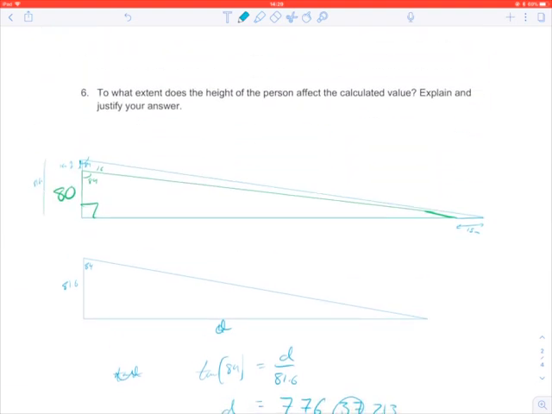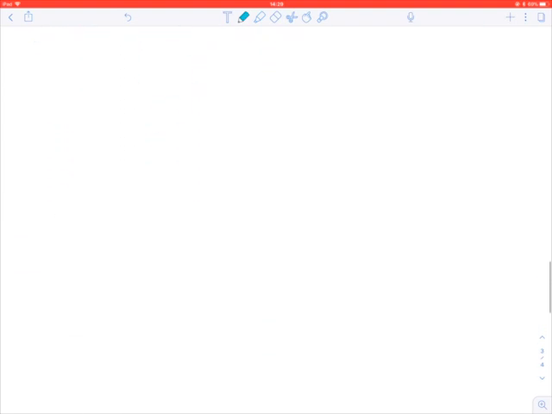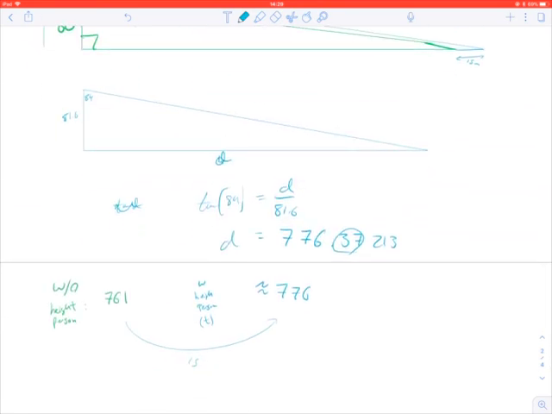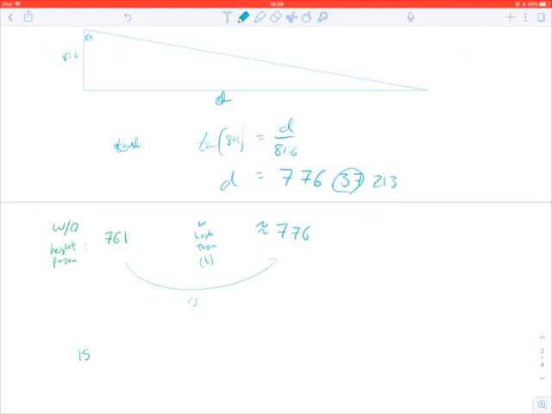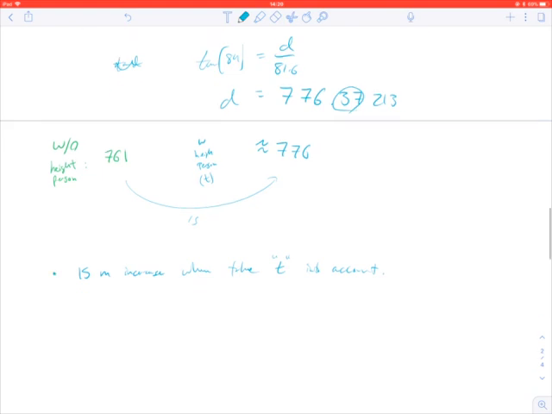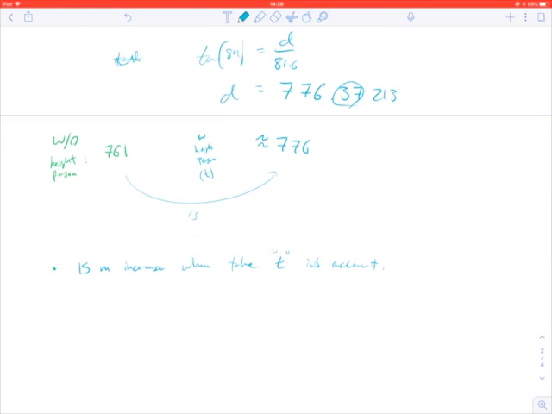Okay. To what extent does it affect that? Well, it has a 15-meter increase. So you'd say there's a 15-meter increase when you take T, the person's height, into account. That's good, but let's see what percentage we increased. So if you said 15 is what piece of 761?